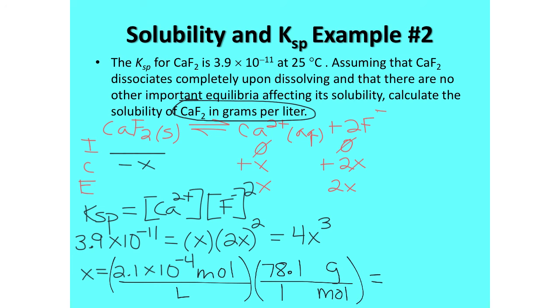And so then I would be able to calculate that, and I get 0.017 grams per liter. So that tells me out of a liter of water, I am only dissolving 0.017 grams. So again, that's why in lab it would look like this is not soluble, because only a tiny bit is dissolving.